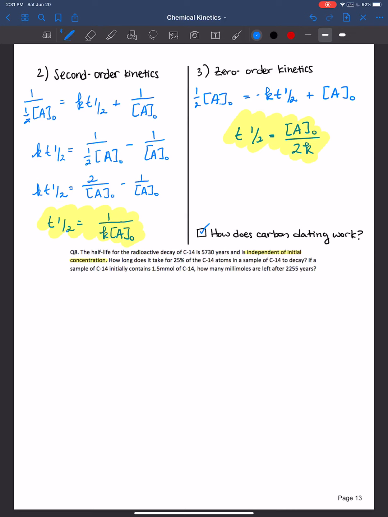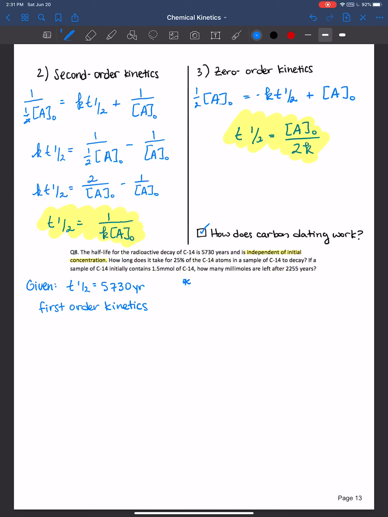So let's go write down what we are given. So we are given that we have a half-life of 5,730 years. So remember how I said a lot of times the reactions we work with are in seconds, but if we're talking about carbon dating, we're definitely working in years. But it's independent of initial concentration, so something to also write down is first order kinetics, because we will be using the integrated rate law for first order kinetics.